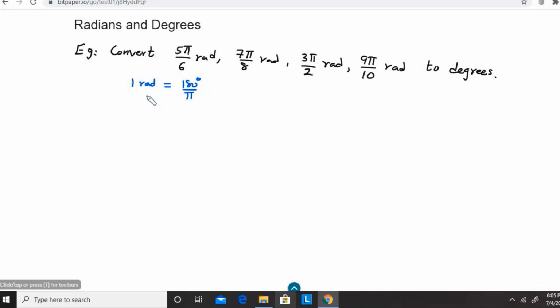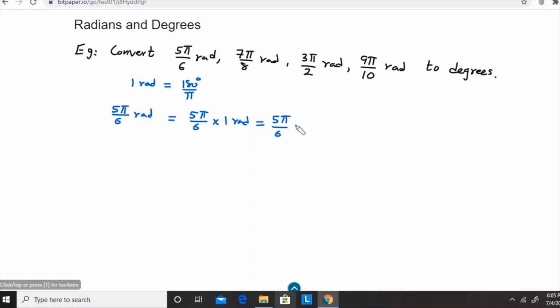We usually call this the conversion factor to make the conversion from radians to degrees. So the first one, 5 pi over 6 radians, I can rewrite as 5 pi over 6 times 1 radian, and then for 1 radian I can substitute 180 over pi.